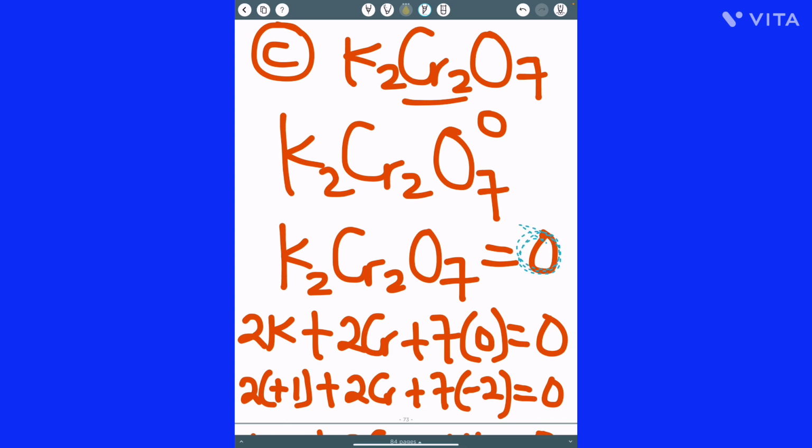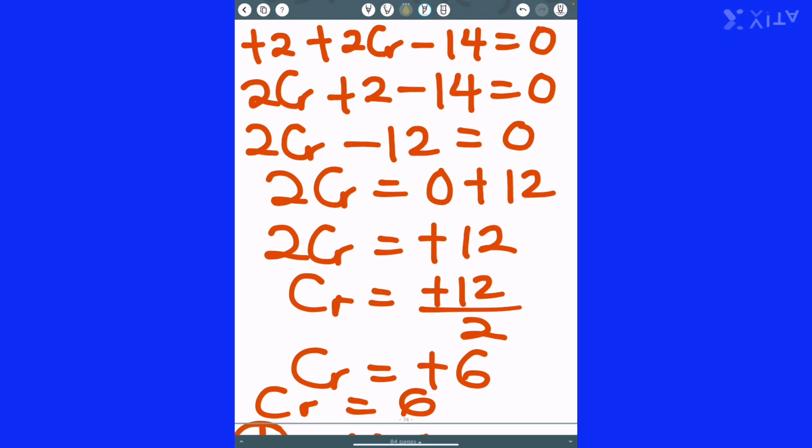So if you put the charge of the 2 potassium atoms together with the charge of the 2 chromium atoms together with 7 oxygen charge, everything will add up to give you 0. Oxygen is minus 2. Potassium is plus 1. We don't know the charge of chromium. So I'll write this equation out like this and solve for Cr.